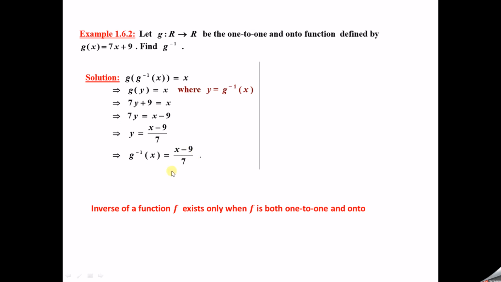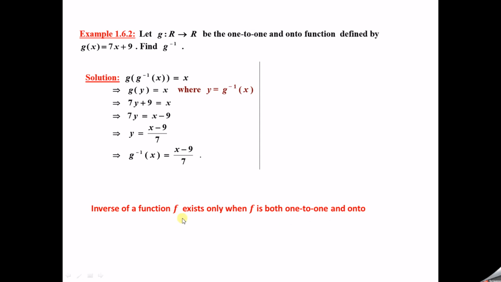That's how g inverse x nullifies the effect of g(x). So if we take the composition of g and g inverse, we get the identity function. And we have to remember that the inverse of any function f exists only when f is both one-to-one and onto.